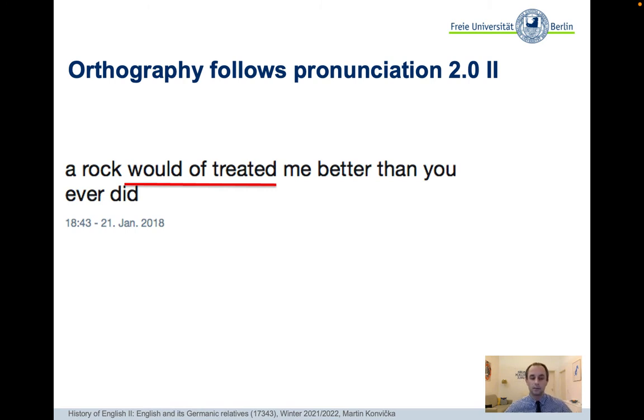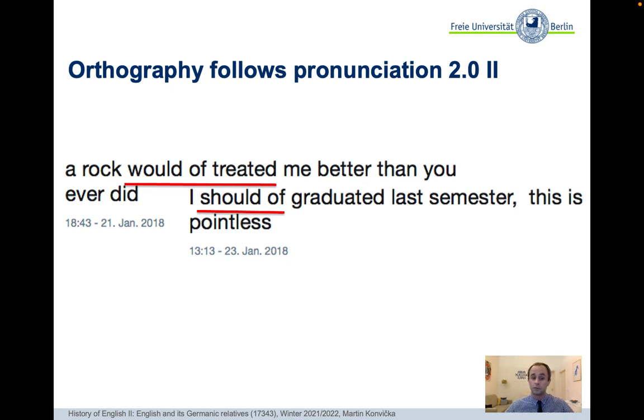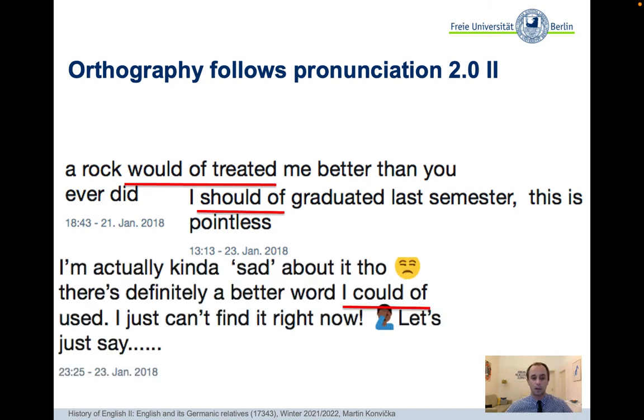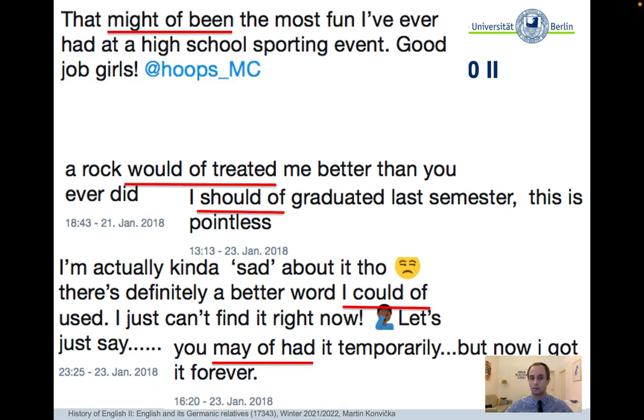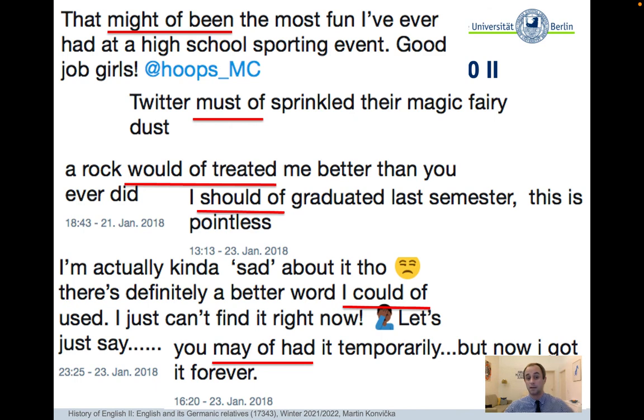It might look weird at first glance, would of, but if you actually try to pronounce it just the way you would speak, it makes sense, because you would say something like "I would've treated me better", right? Similarly, I should of graduated last semester, I could of used, you may of had, might of been, must of sprinkled, and so forth.